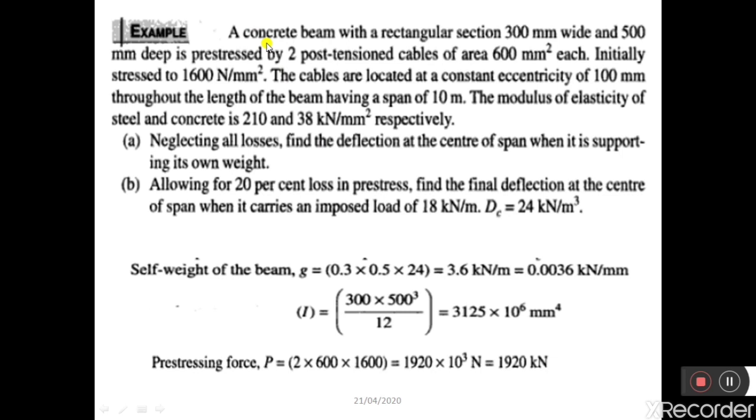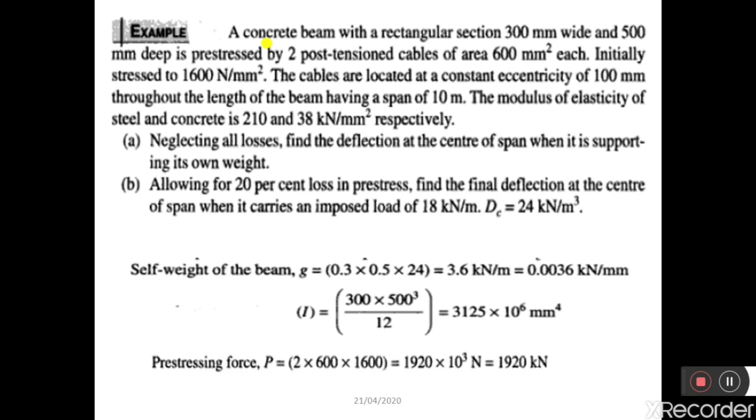So here a concrete beam which is a rectangular section is pre-stressed by two cables, and the area of each cable is 600 mm square, and each cable is initially stressed to 1600 Newton per mm square.